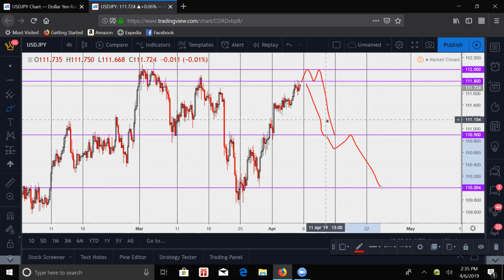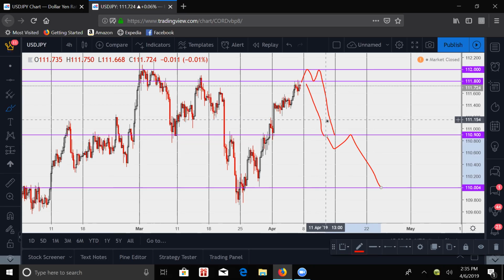You always have to have multiple ideas of where price may go whenever you're trading, because price is either going to go one direction, up or down, or it's going to consolidate.